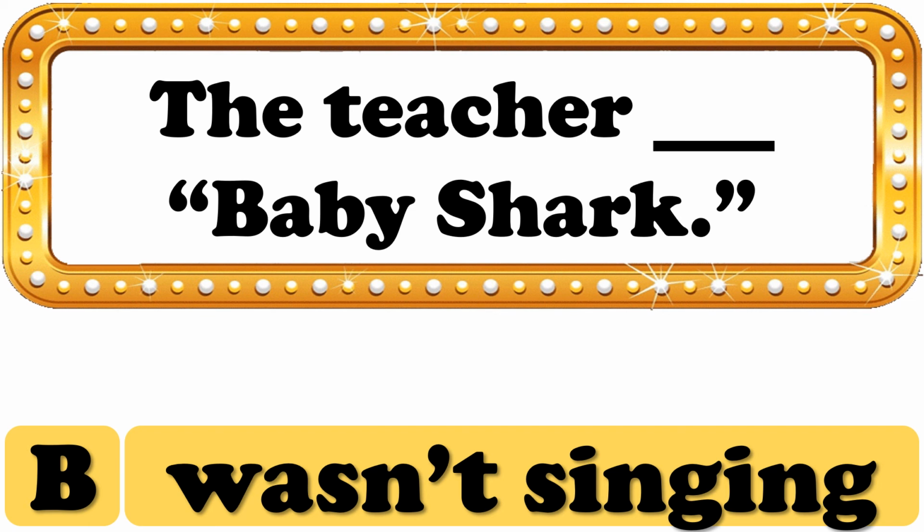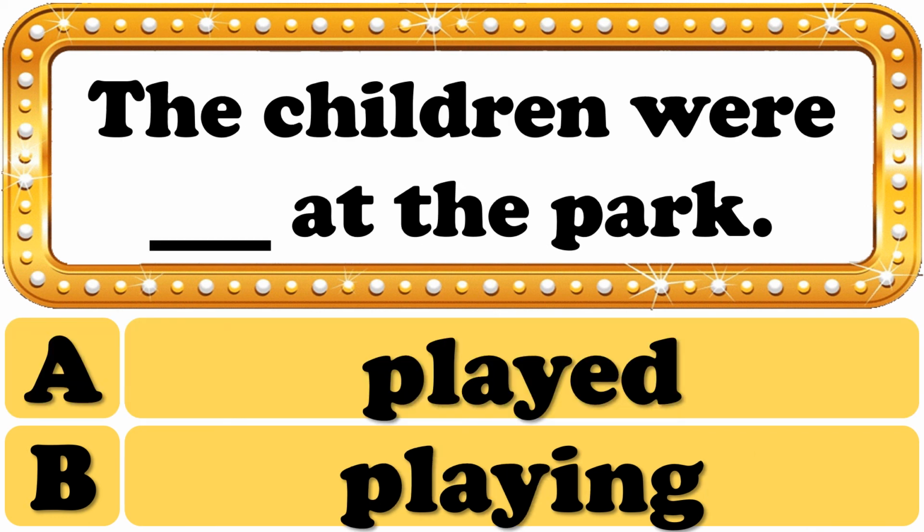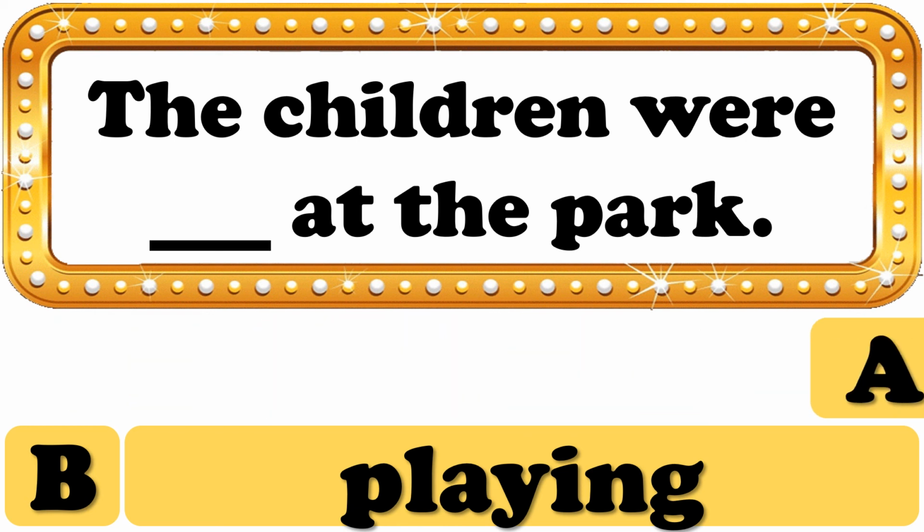Baby shark doo doo. Oh wait, I wasn't singing. Sorry. How about this one? Take a look. Remember what we have to do to the verb in past progressive? The answer is B. We need the ing. The children were playing at the park.